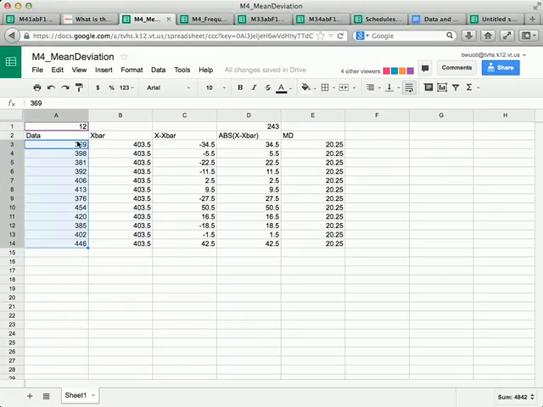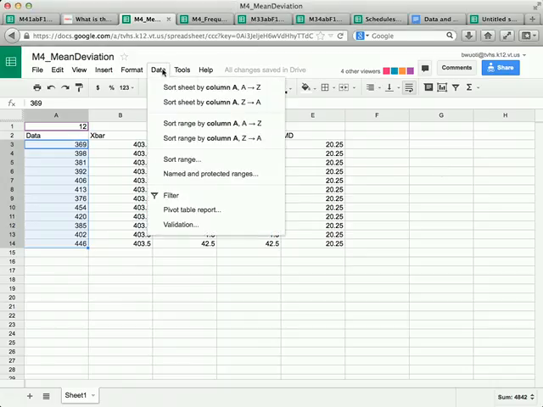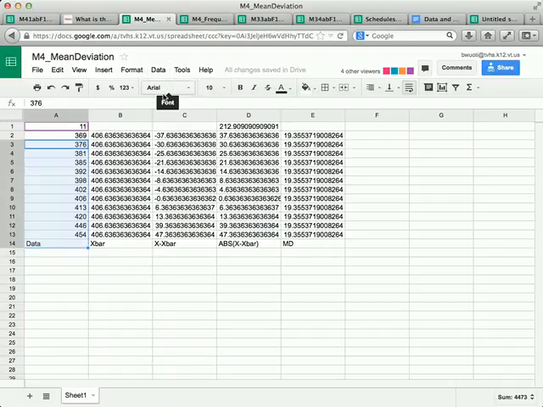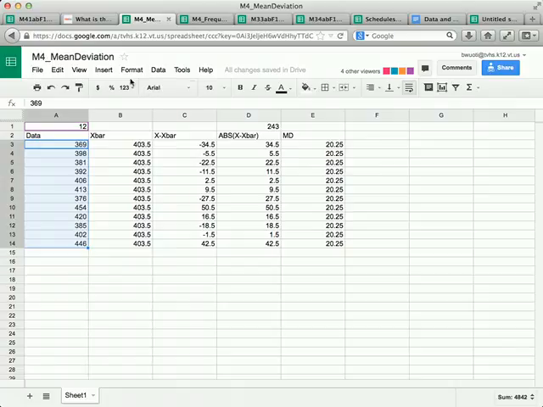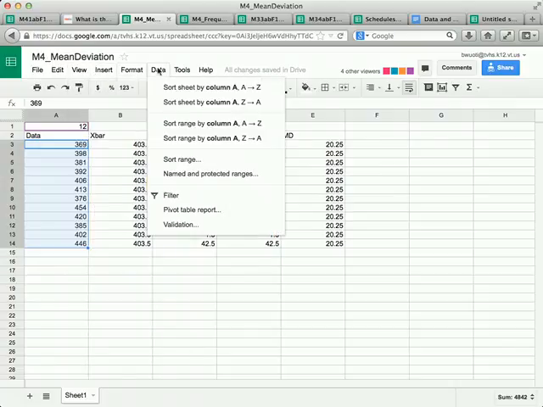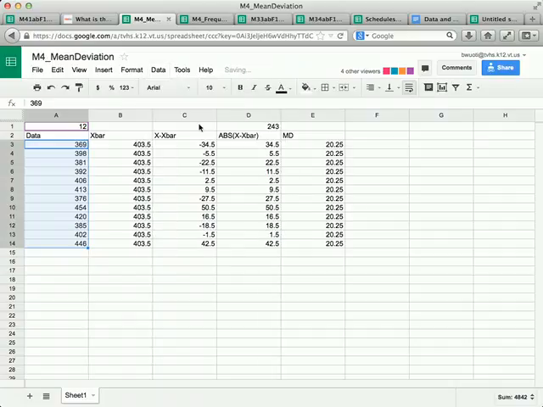Actually, if we want, we could even sort it. I think sort column A to Z. No, that's not what I would have wanted to do. Is there not a quick sort on this? Sort the range. Aha, so I don't want to sort the whole sheet. I just want to sort that. There we go. So it sorts from least to greatest, if that was helpful to us.